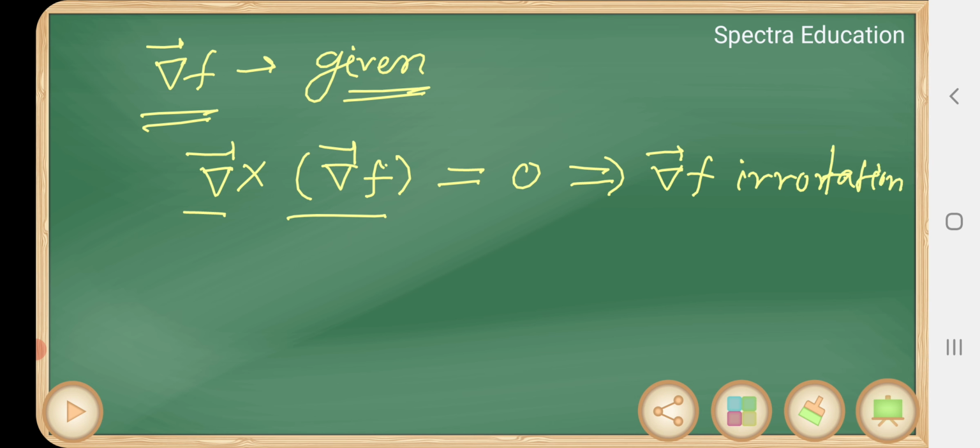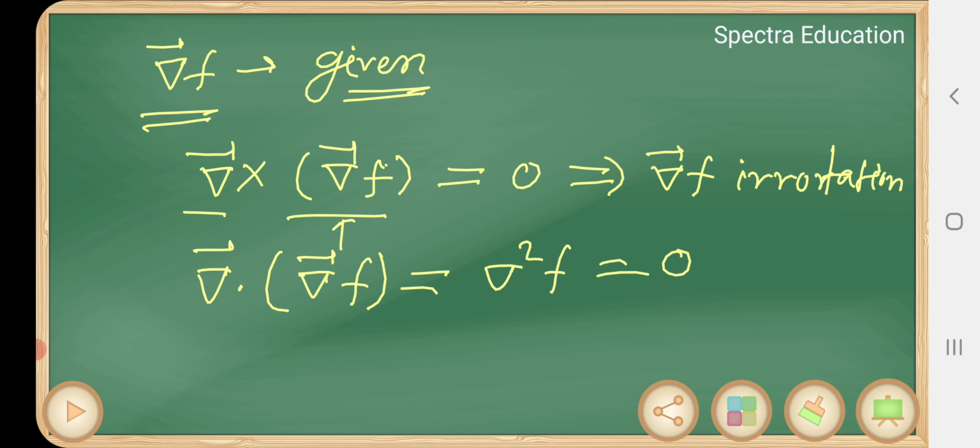There will be no rotation. Now, for it to be solenoidal, we have to show that the divergence of gradient of f, which is grad square f, is 0. So for solenoidal, nabla square f or grad square f must be 0. Hence the proof. I think it will help you. So I will stop here.